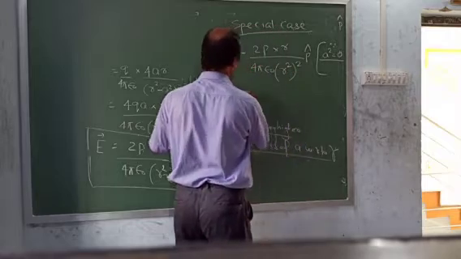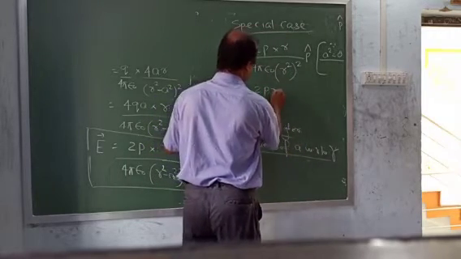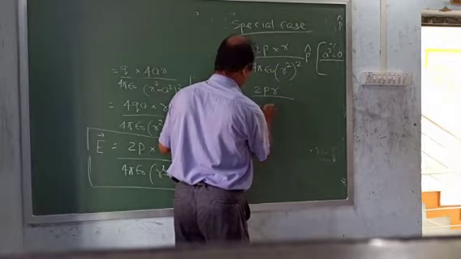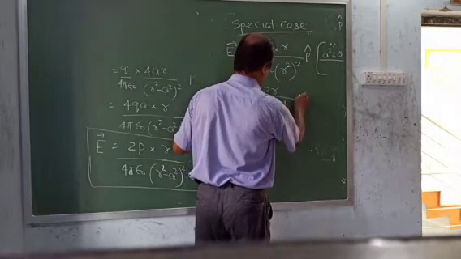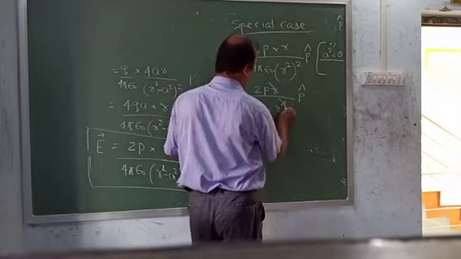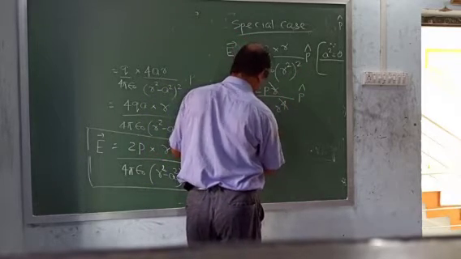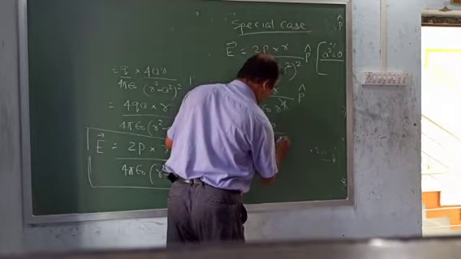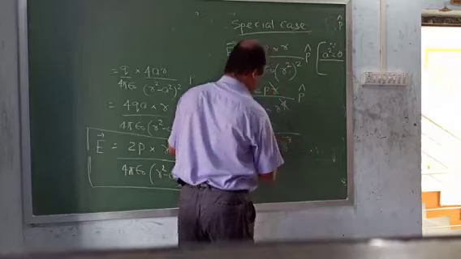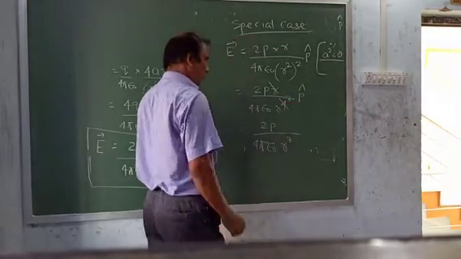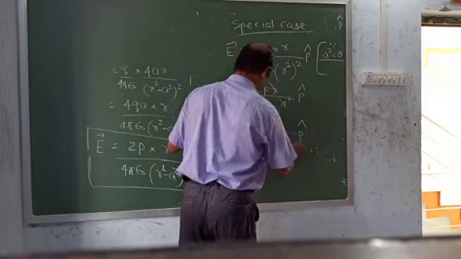So this will be 2PR by 4 pi epsilon naught R to the power 4. R to the power 4 with R in the numerator, so one R will get cancelled. So we will get 2P by 4 pi epsilon naught into R cube, into P cap.